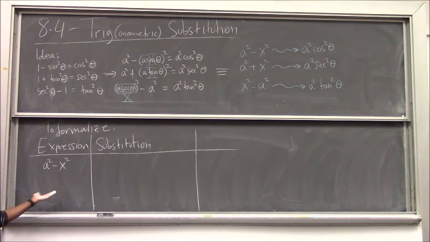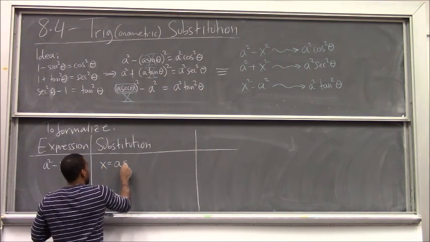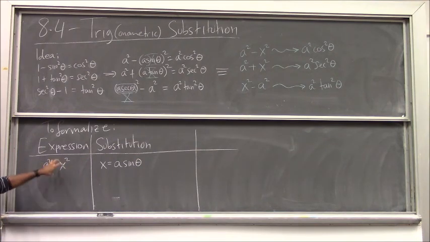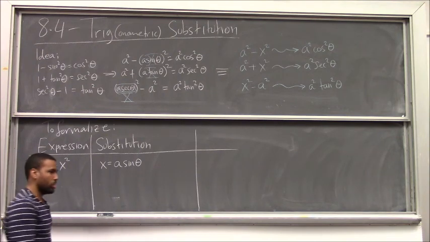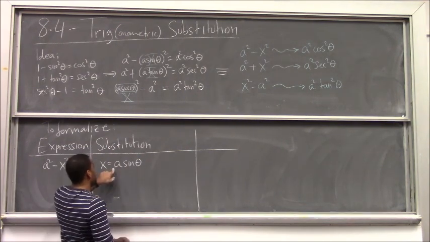And it behooves you to think of x equals a times sine theta, because if I put in a sine theta here, I can use the Pythagorean identity to collapse this into 1 term. Particularly useful if there's a radical over this. A radical of a sum is very hard to deal with. But if I throw in a sine, it collapses into the radical of 1 thing. So you can do this.